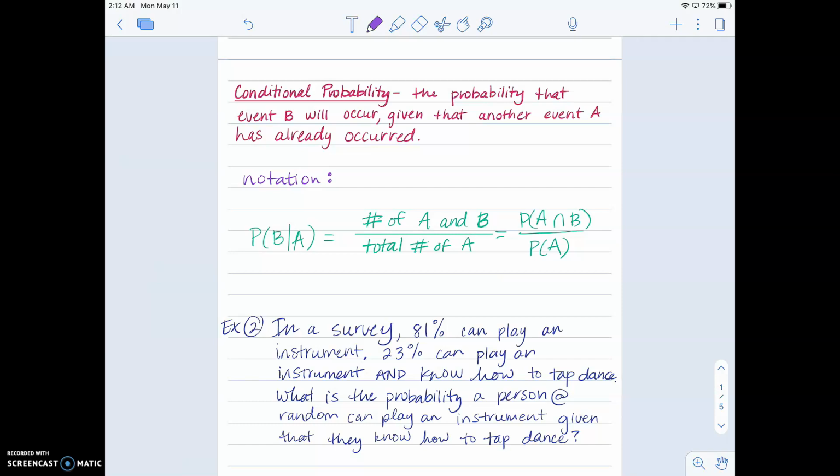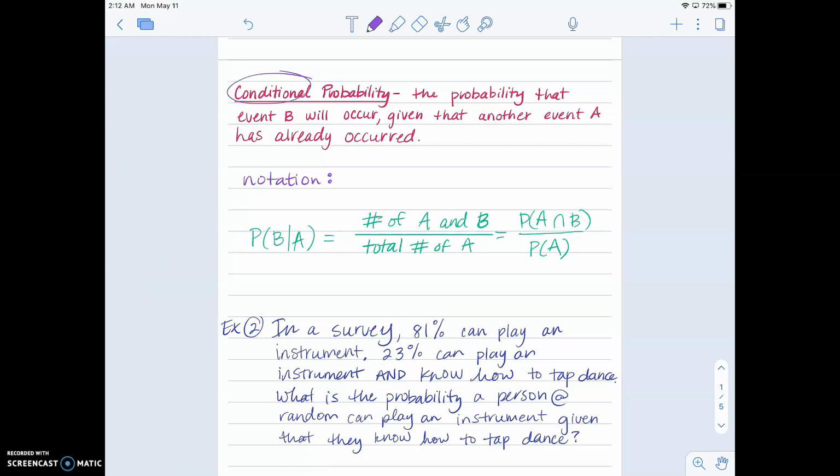So your condition: what's the probability of something happening if this condition occurs? There's a notation for that, which looks like this: the probability of event B happening given, with this vertical bar, that event A is happening.